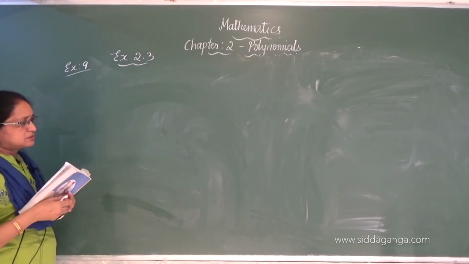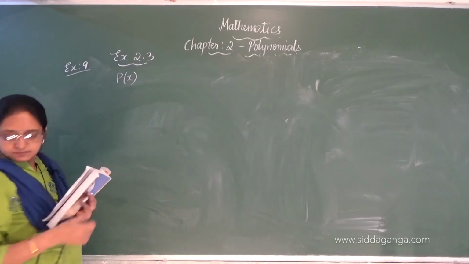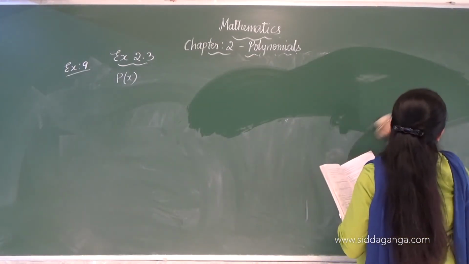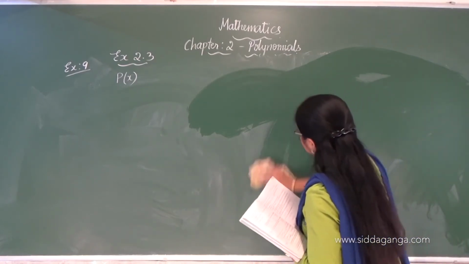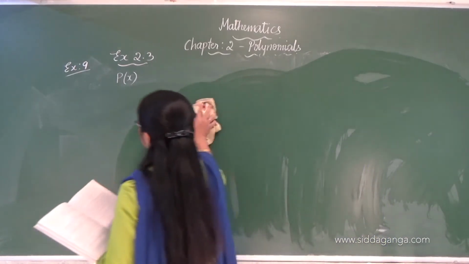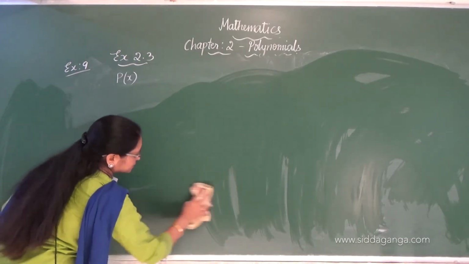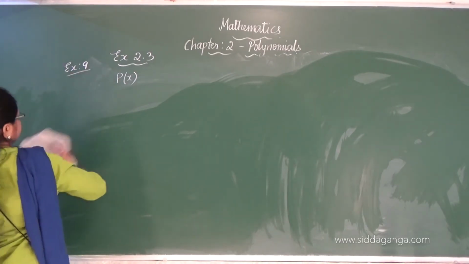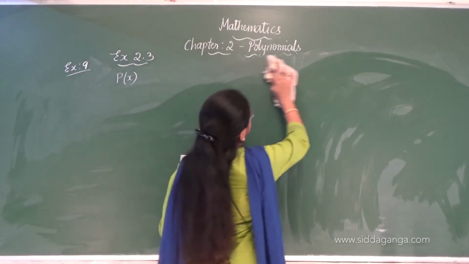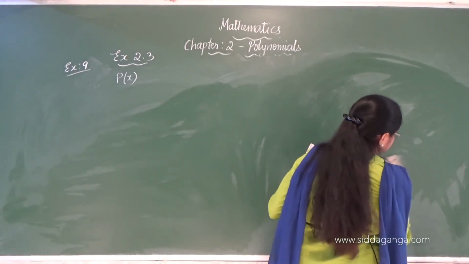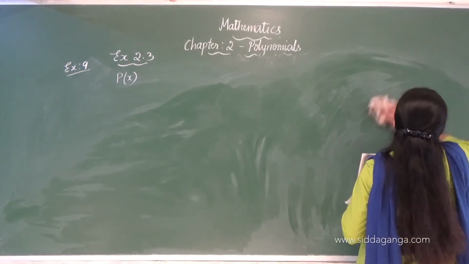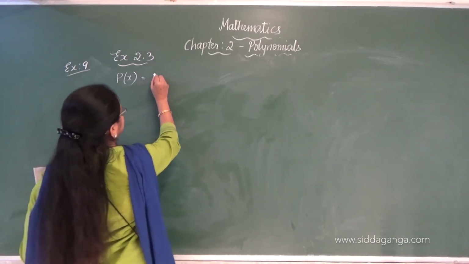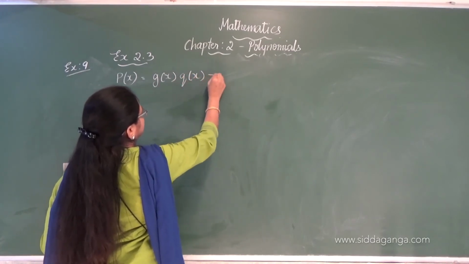That is p of x is equal to g of x into q of x plus r of x.